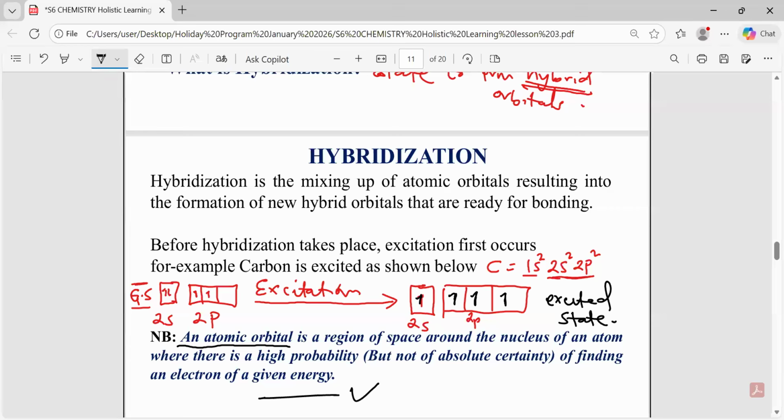Hybridization is basically mixing of orbitals in an atom in the excited state so as to form hybrid orbitals. For you to understand it better, before a carbon atom bonds to any other element, especially hydrogen, it must first be excited.